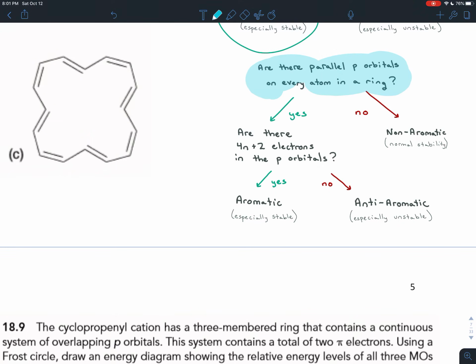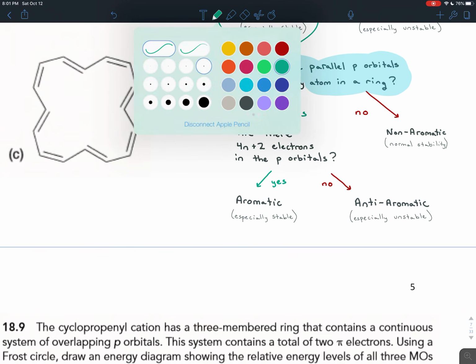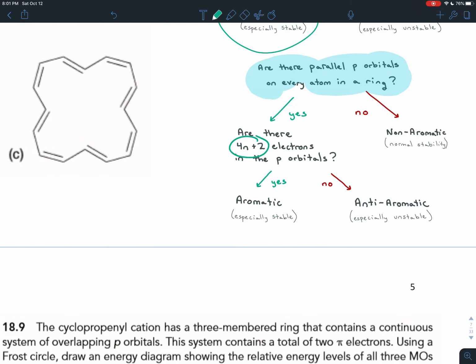Is the number of electrons that we have one of those Huckel's numbers? Is it a number represented by the series? If it is, then they'll fly in stable molecular orbitals, and if it's not, then they won't. So we have 2, 4, 6, 8, 10, 12, 14, 16.